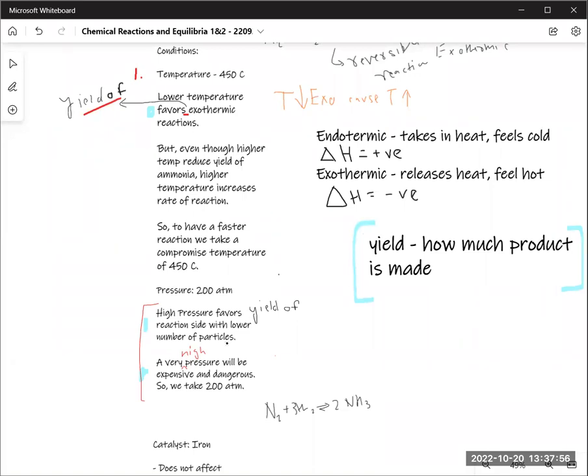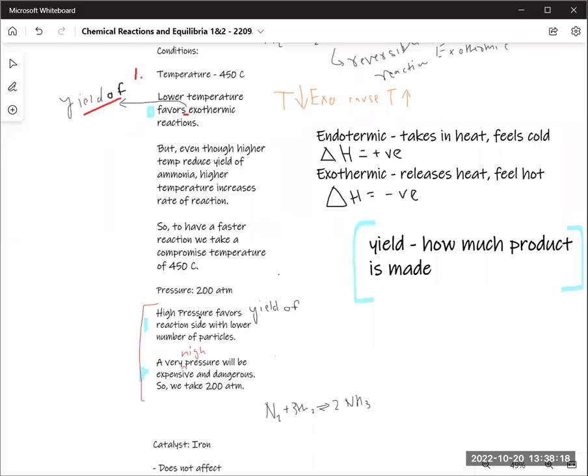High pressure favors. Okay. Now, who is done with the temperature part? I'm done. I got that. Okay. It's pretty easy. There's only two lines here.